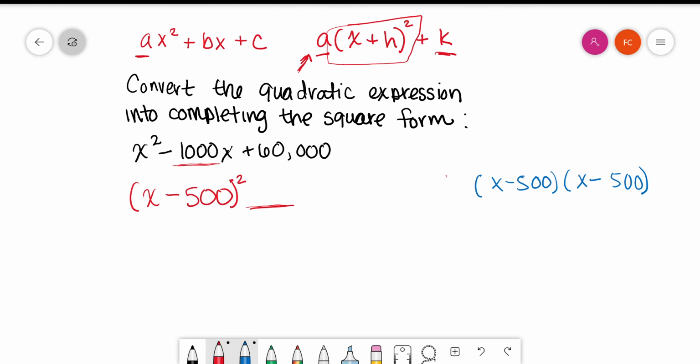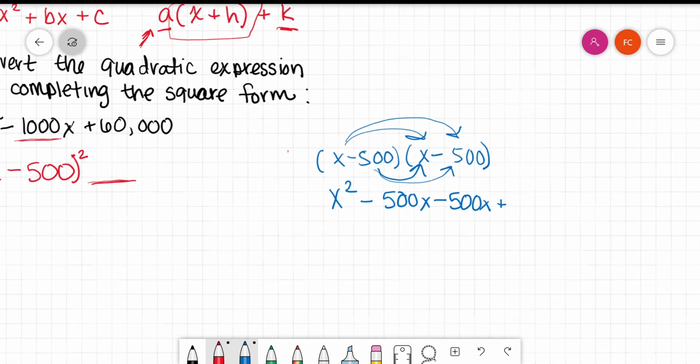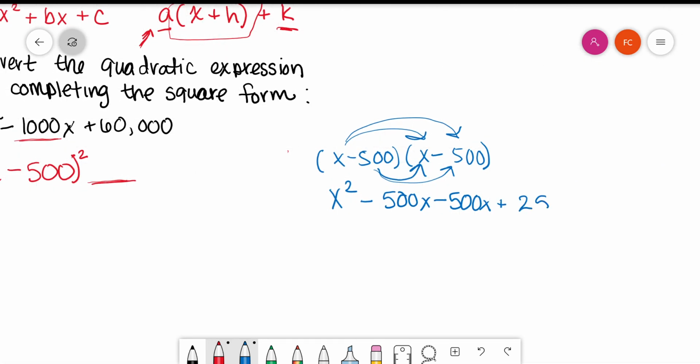All right, so x times x gets me x squared. x times negative 500 gets me negative 500x. Negative 500 times x gets me another negative 500x. And then we have to do negative 500 times negative 500, which gets us positive 250,000.